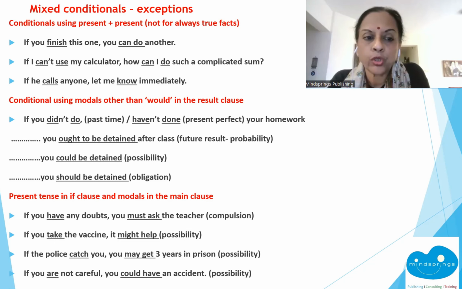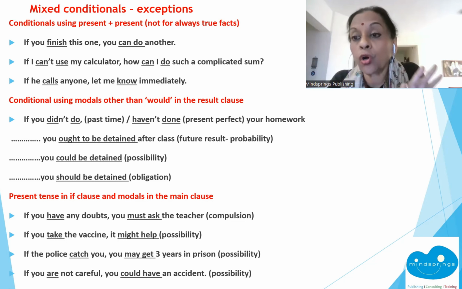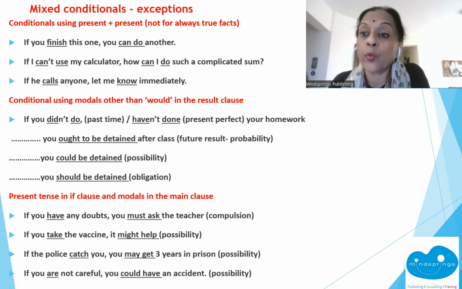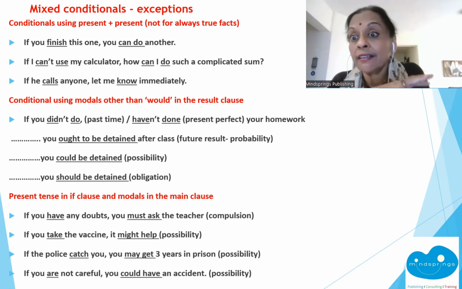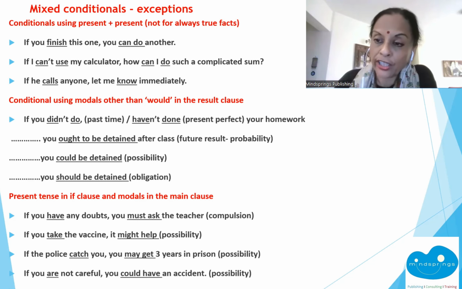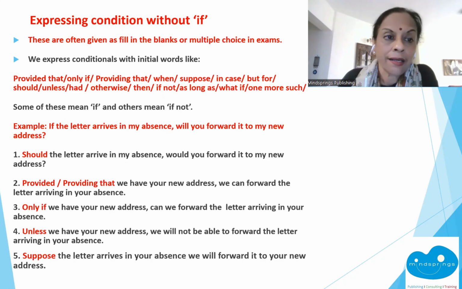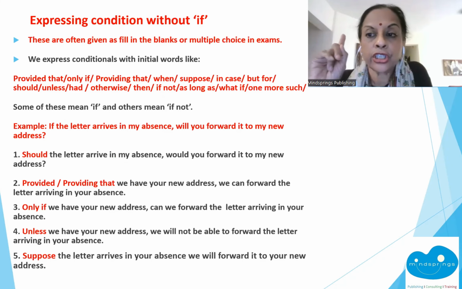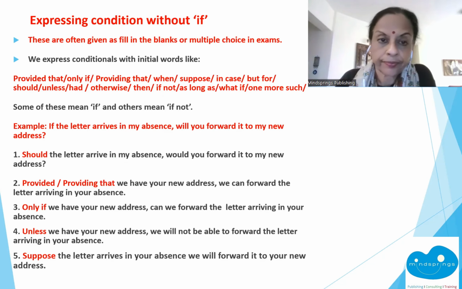So present and future, which should have been first conditional, and all those four should have had a will. We don't have a will, we have got other modals, must, might, may, could. And the intention keeps changing. So, okay. So let's look at expressing condition without if.